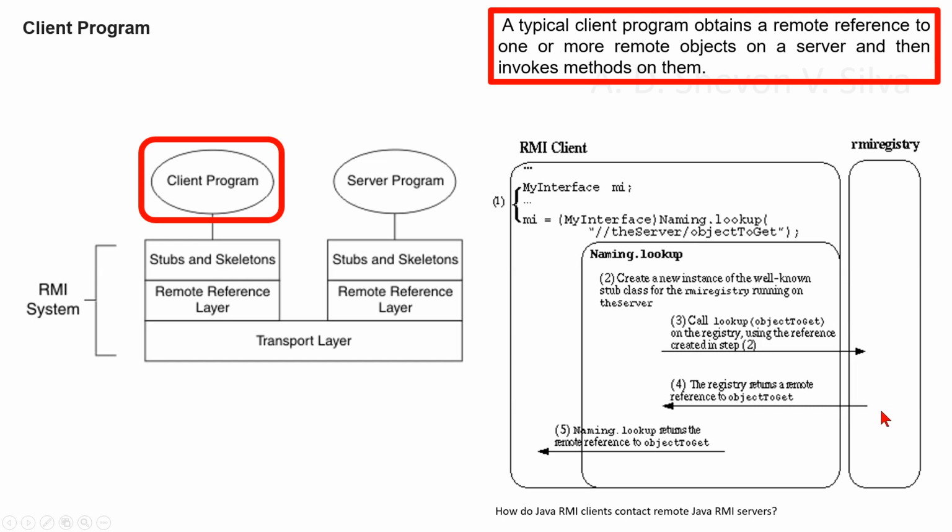And step 4, the registry returns a remote reference to the object to get. And step 5, Naming.lookup returns the remote reference to the object to get to the RMI client.